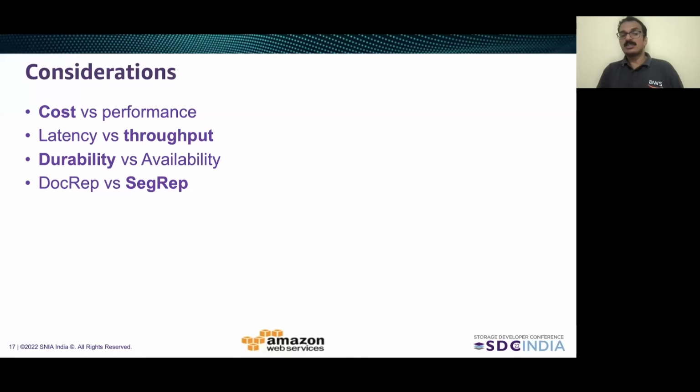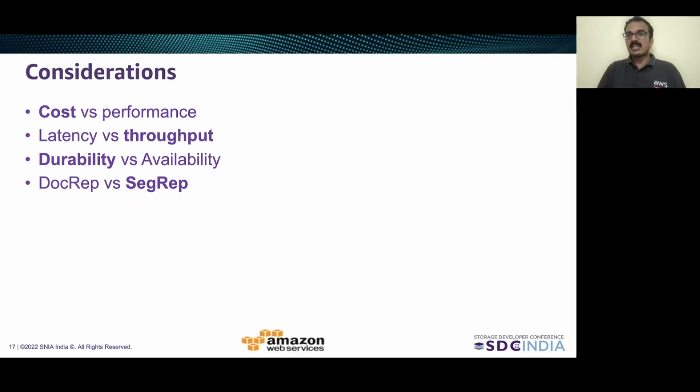DocRep versus SegRep. DocRep is document replication, segment replication is SegRep. Both of them have trade-offs. While SegRep is better for indexing performance, as I mentioned, because you can copy the indexed document directly, it has a delay in refresh latency. As I mentioned, in document replication, each document is sent synchronously to the other replica nodes, so your documents are available in the replica nodes immediately.